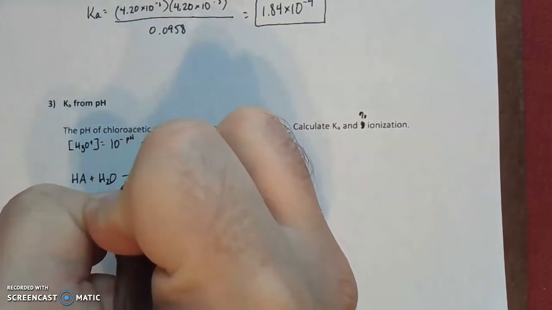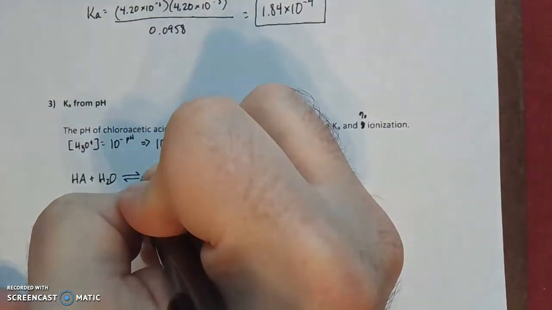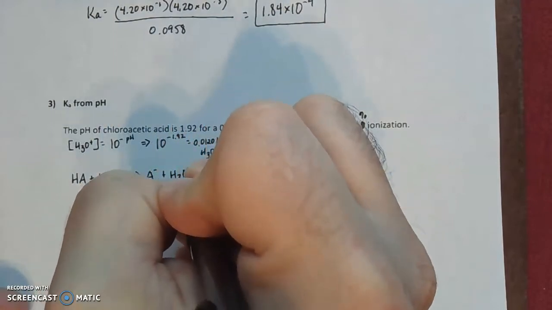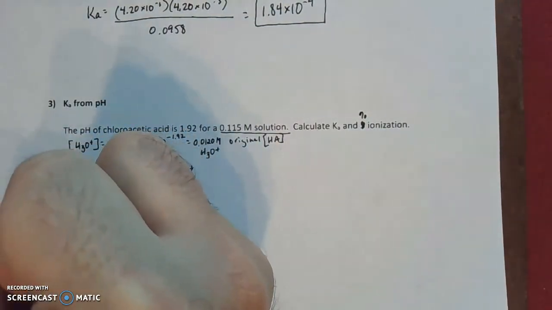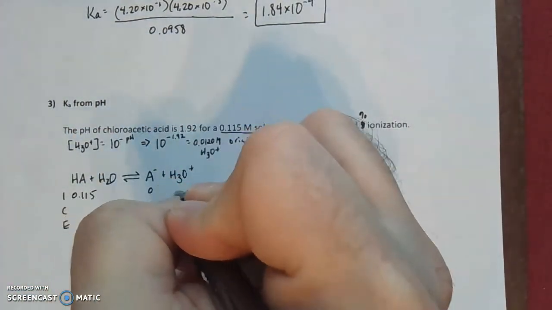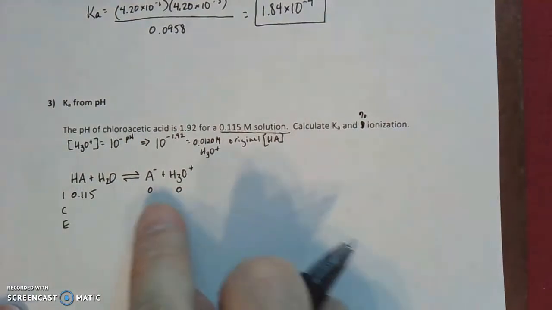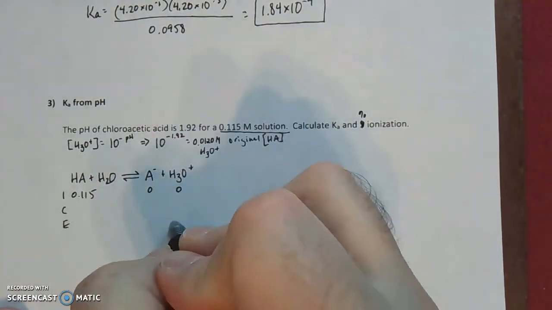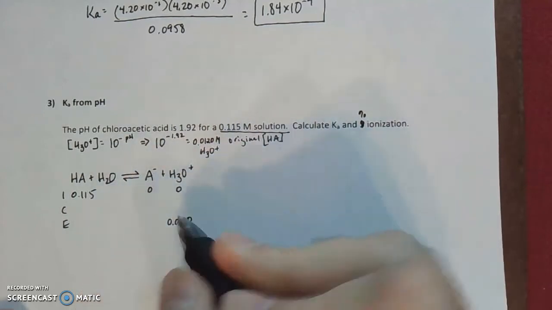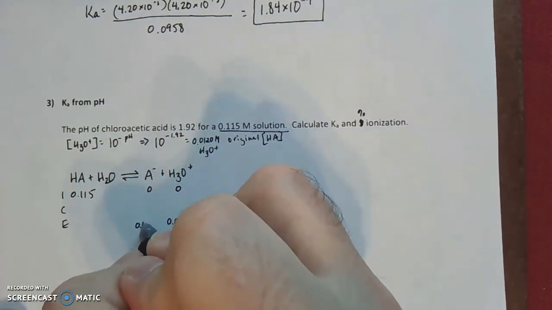So we're just going to use a generic equation. Make our ice chart. So I know that this was 0.115. Those two are 0. And I know what this value is here. It's 0.0120, which means that our A minus is also that.